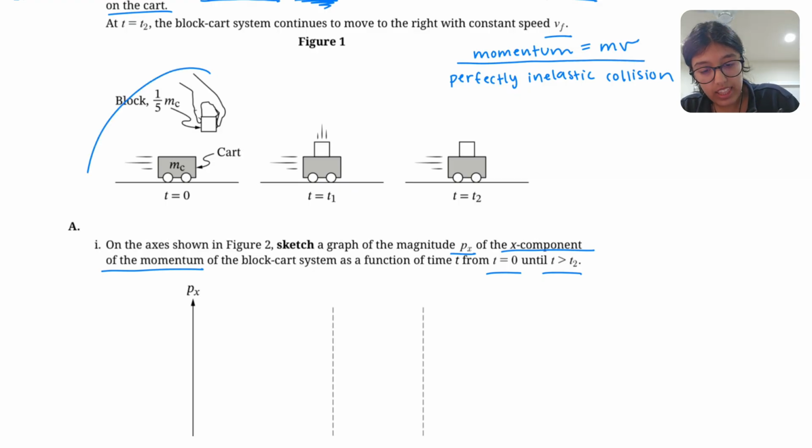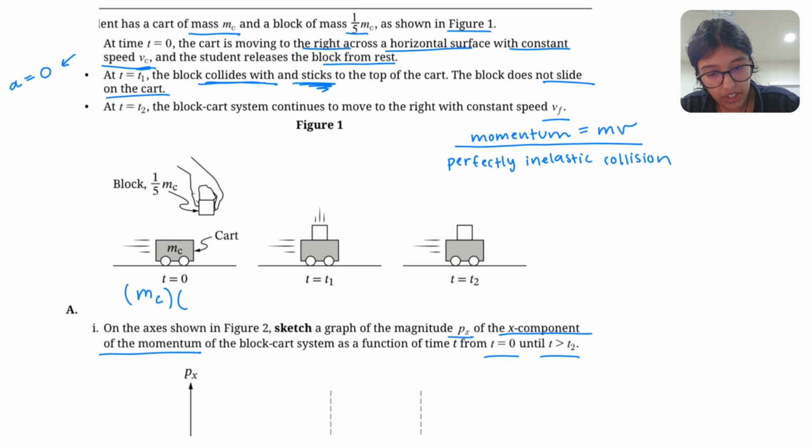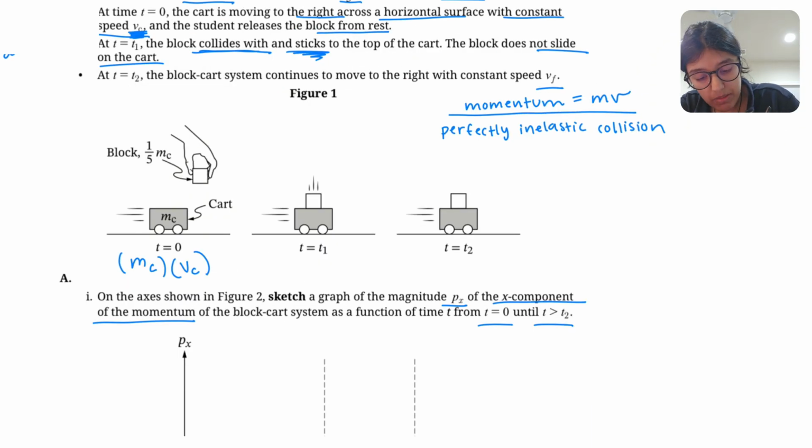And we're looking at this part right over here. So mass, at this point, we're just looking at the cart. The block hasn't been dropped on the cart yet. So the mass is just going to be mc, which is the mass of the cart. The velocity, they said, if I scroll up here, they said it was vc. So our momentum is equal to mc vc.